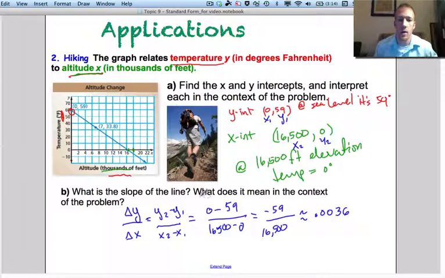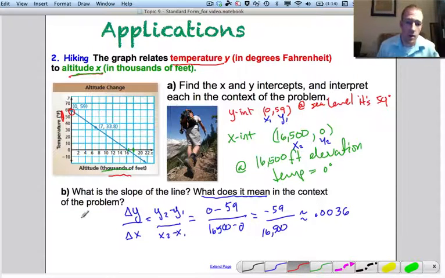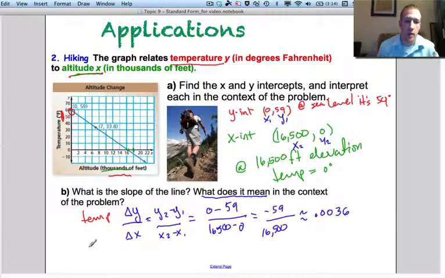So what does that mean in the context of the problem? We have change in y over change in x. Y is our temperature, x is our altitude. So change in temperature over change in altitude. This is negative, my bad.